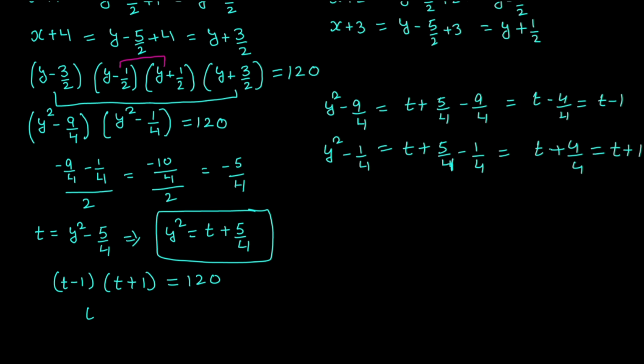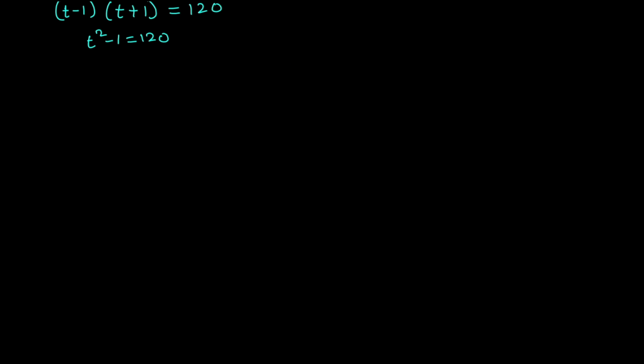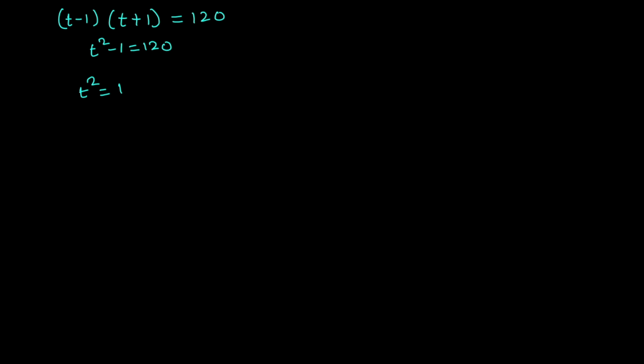Here is a minus b and a plus b, which comes to be t square minus 1 is equal to 120, and from this we get t square is equal to 121, and we get the value of t is equal to plus minus square root of 121, and t comes to be plus minus 11.